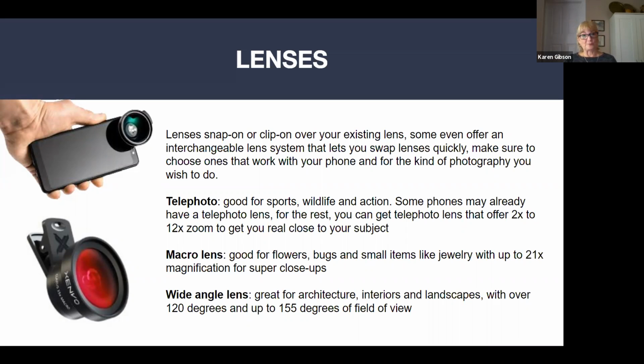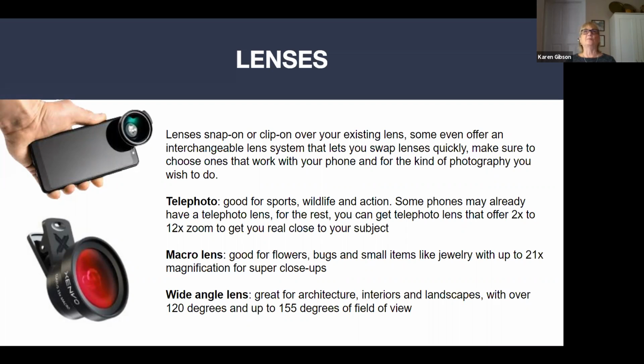They need to work with your phone because, as I say, they snap right over the existing lens. So if you buy an iPhone lens or a Galaxy, it may not work because the lens is in a different place. So you have to make sure it always works with your phone. And depending on the kind of photography you like to do, again, you can get a telephoto lens, which is good for sports and wildlife and action.